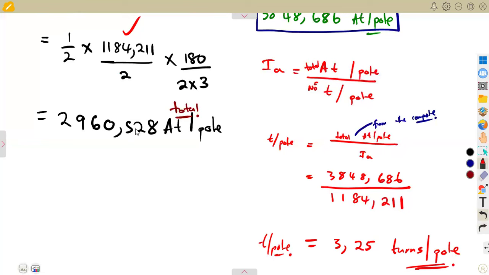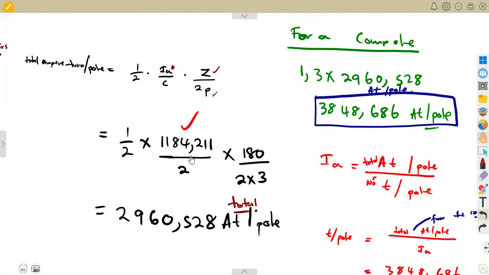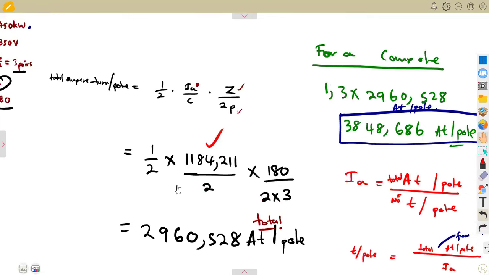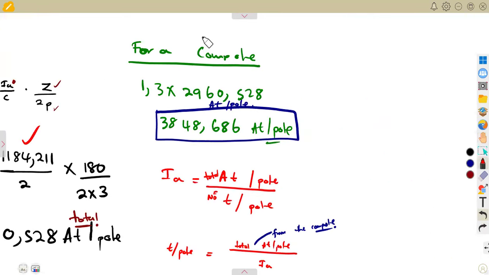So this is how you answer typical questions whenever you are given a compole of this nature. They are going to give you a condition. Is it 1.3 times? So you use your formula, which is the total ampere turns per pole from your formula sheet. Then you use the condition of the compole.